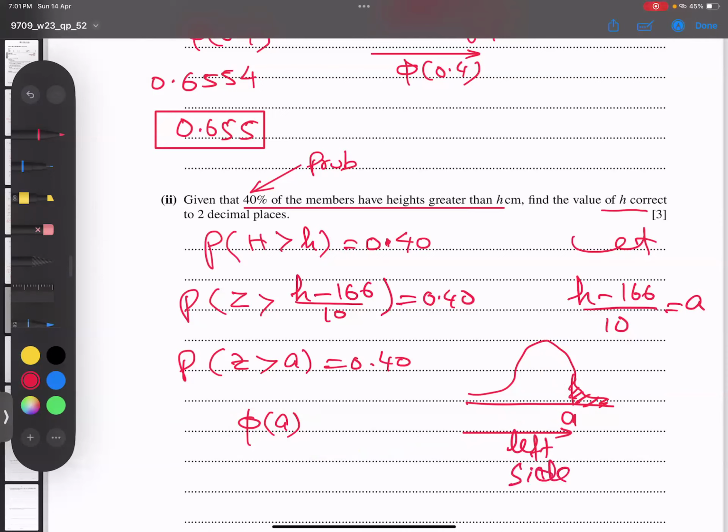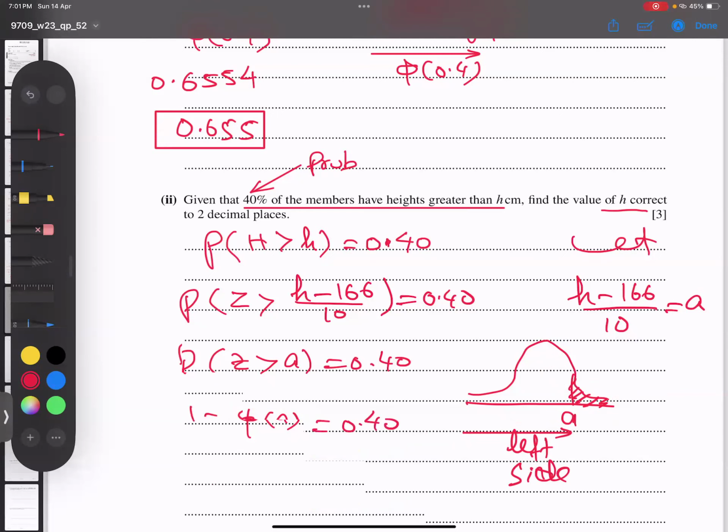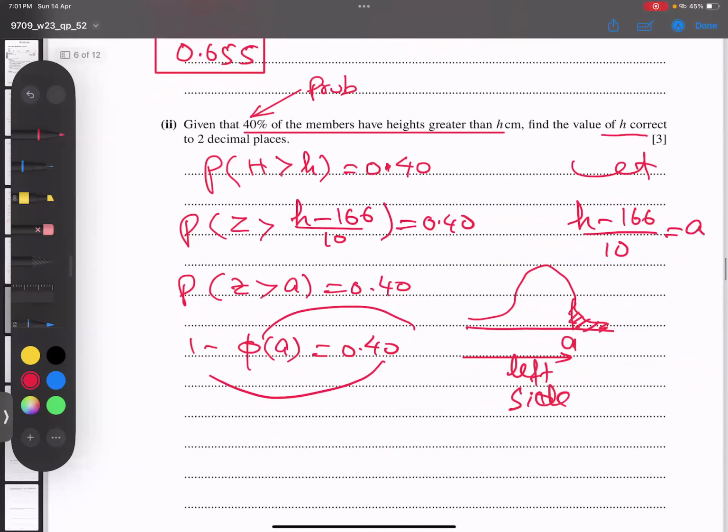Okay, students. But I need the reddish part. So 1 minus that. So phi of A goes there, and it comes here. So it means phi of A is equal to 0.6. I believe this part is very clear. And 0.6 is a probability.